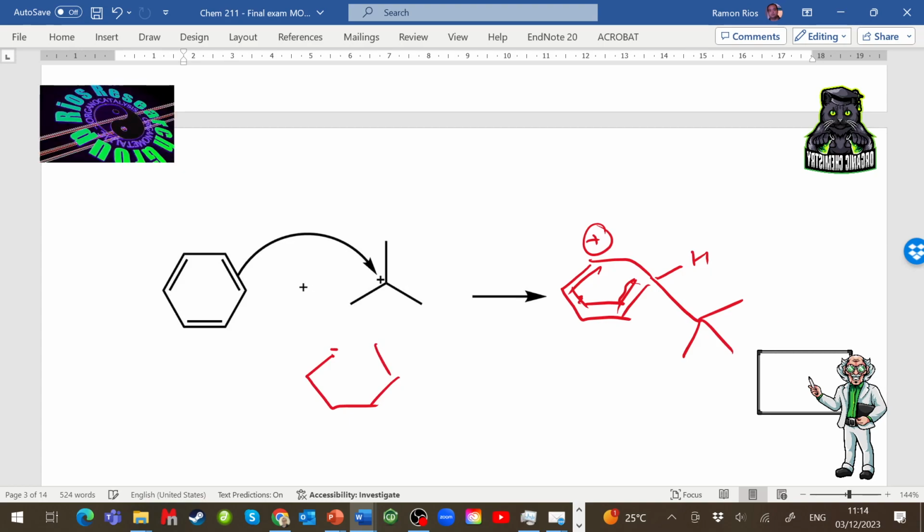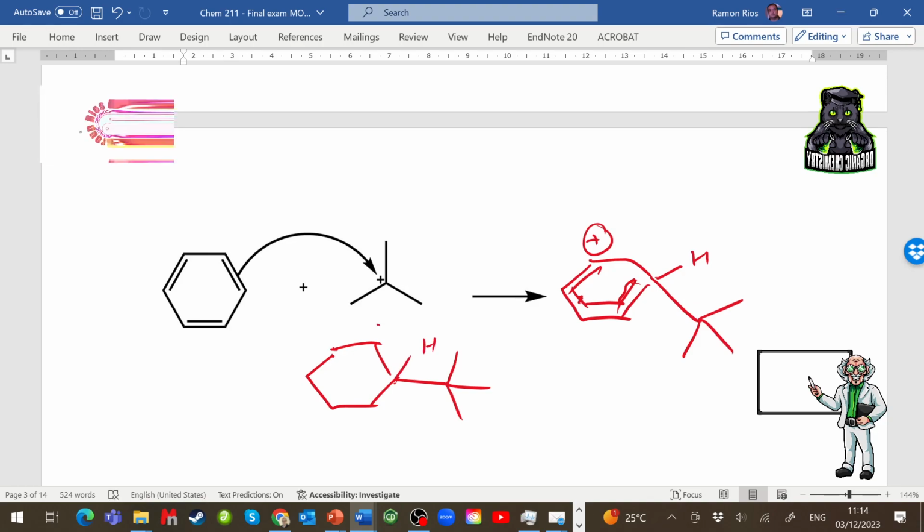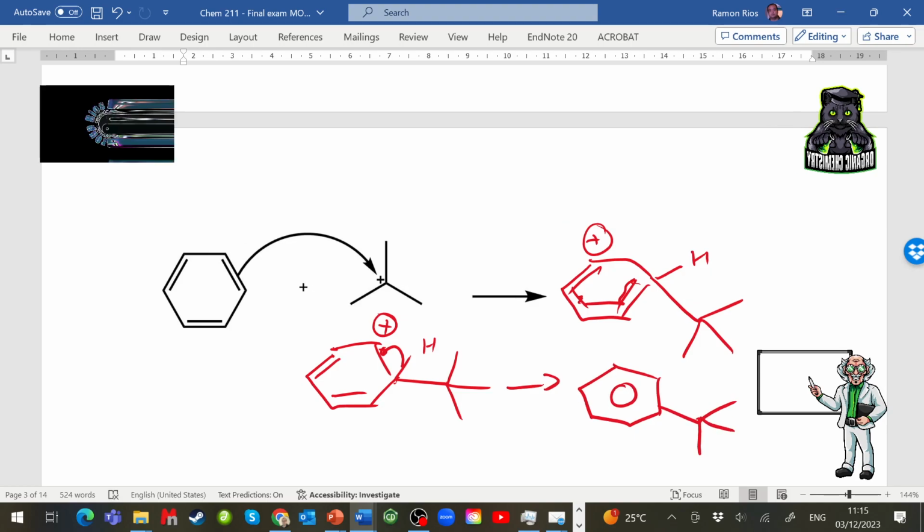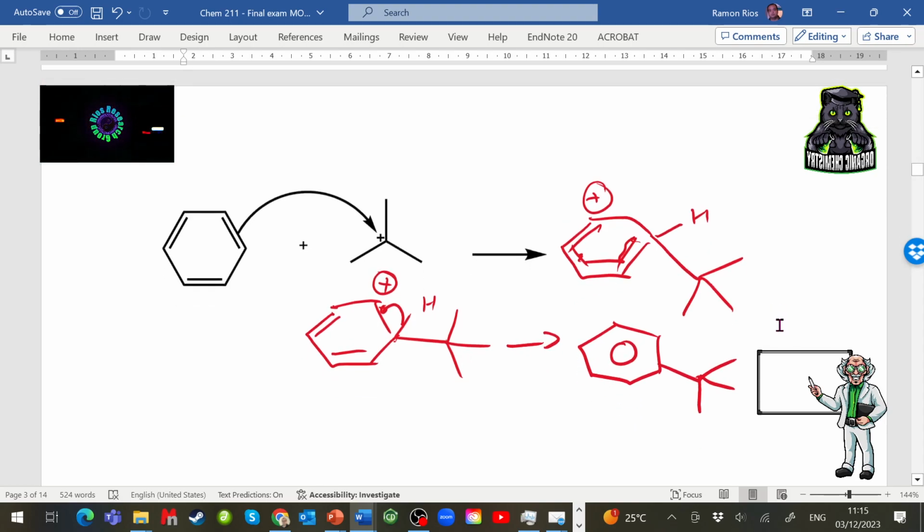Okay, this double bond attacks the carbocation, sorry, and what we generate is this compound. Okay. And then in this compound, the hydrogen is eliminated, and what we get is the regeneration of the benzene. Okay? Good.